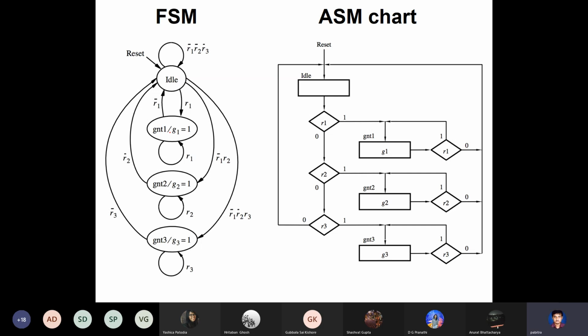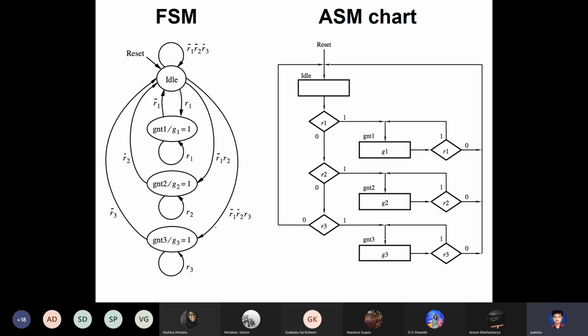There is no output which is conditional on the input. So you see, all the outputs are in the states. They are not on the transitions, not on the inputs, not on the arcs. So you will not have an oval conditional output box.